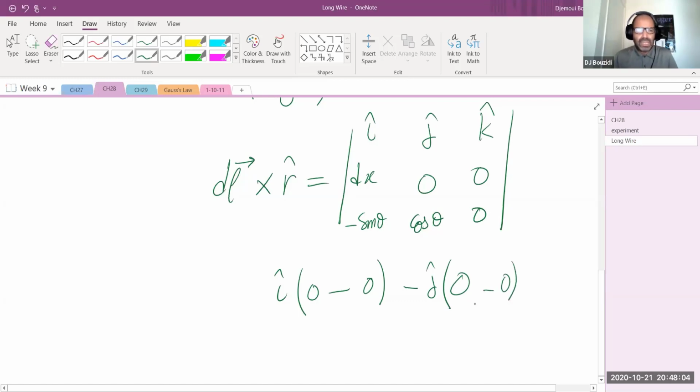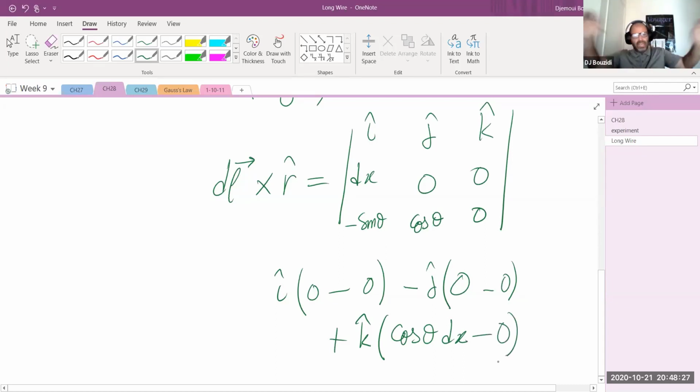So it has an x component that is 0 and a y component that is 0. This cross product is only in the k direction. So it's plus k hat times dx times cosine theta, which is cosine theta dx, minus 0 times sine theta, so minus 0.